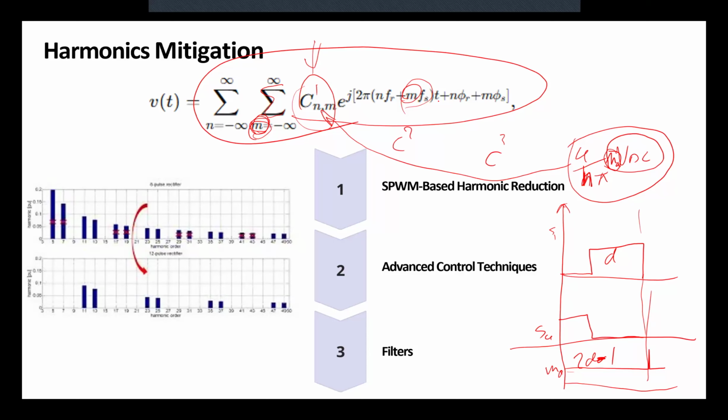But the FR and FS for each of them are going to be different because they are at a different level. Makes sense? Can you see how the initial phase would be different for the different levels of carriers?